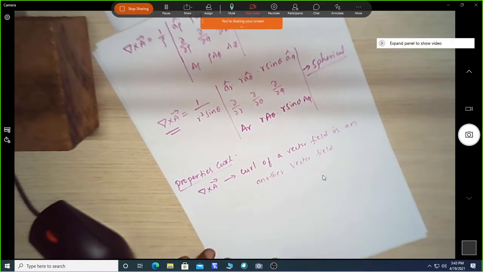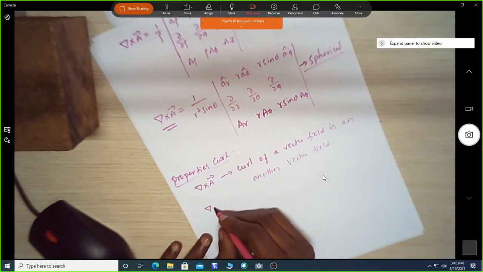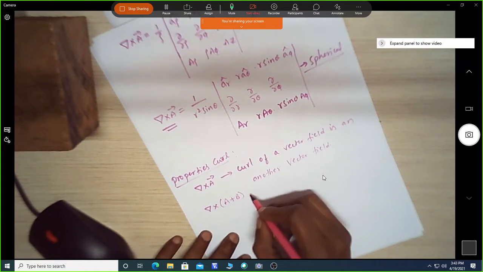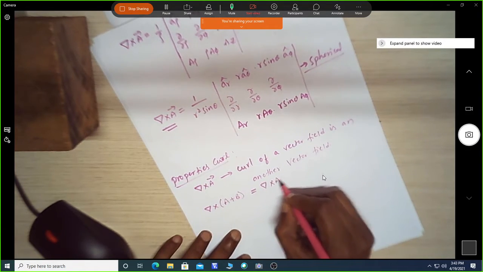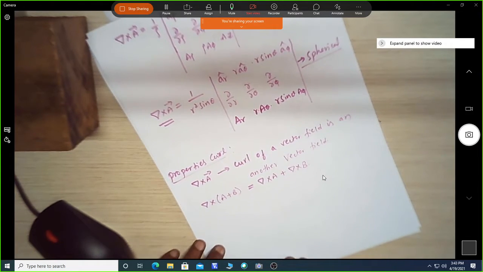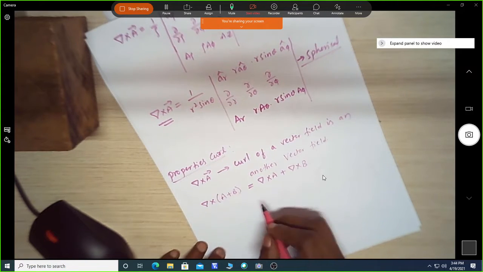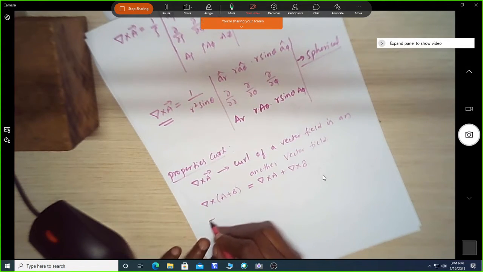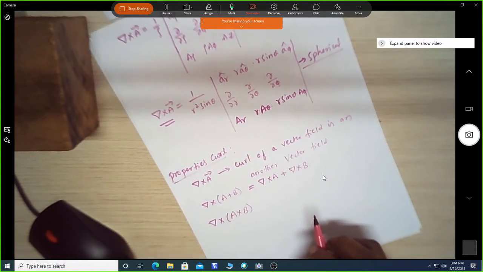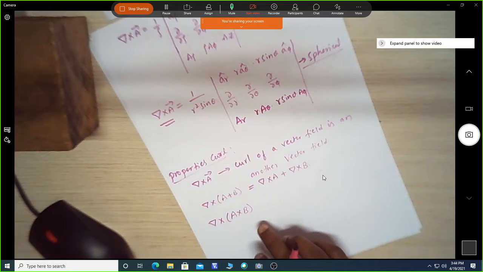Next, if I operate on two vectors, that is del cross of A plus B, it is given by del cross of A plus del cross of B. This is another important point. We can also write del cross of A cross B, which is nothing but a triple vector product. In vector calculus, we discussed scalar triple product and vector triple product. It is similar to the vector triple product.